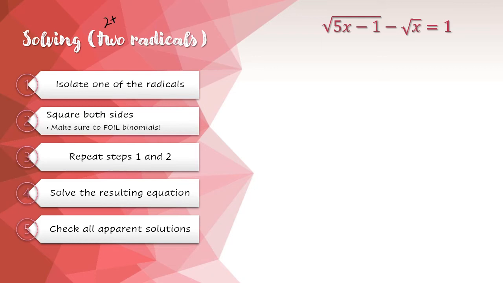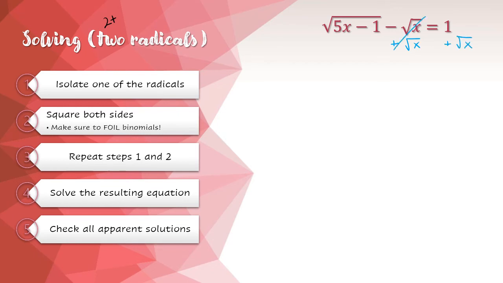So the idea is we want to start by isolating just one of the radicals, meaning we want just one radical on one side of the equation. The other side might still have a radical, might have even more than one radical. So in this case, with our equation, the square root of 5x minus 1 minus the square root of x is equal to 1, I will start by adding the square root of x to both sides.